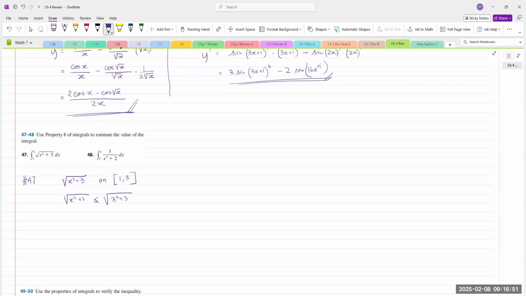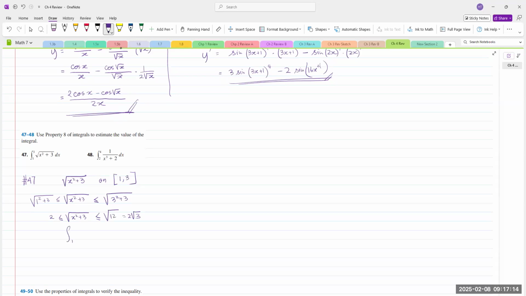That's the upper bound, and this is the lower bound. In other words, the lower bound is 2. The minimum value of the function on that interval is 2, and the maximum value is square root of 12, which is 2 square root of 3.